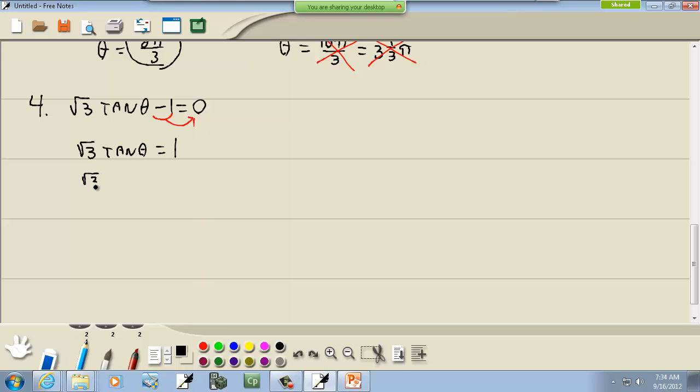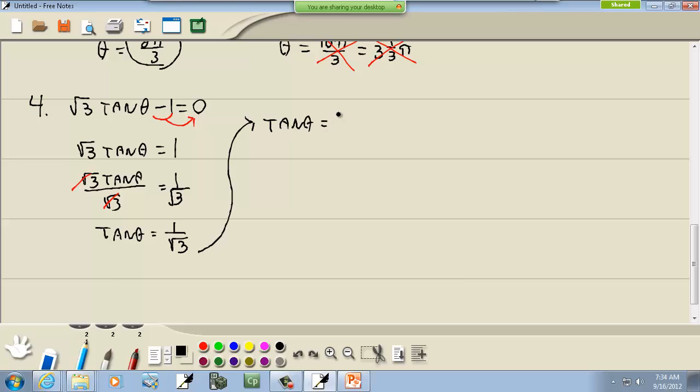Divide both sides by square root of 3. These square root of 3's cancel. Can't have a square root downstairs, so multiply top and bottom by the square root of 3. And we get tangent theta is equal to square root of 3 over 3.